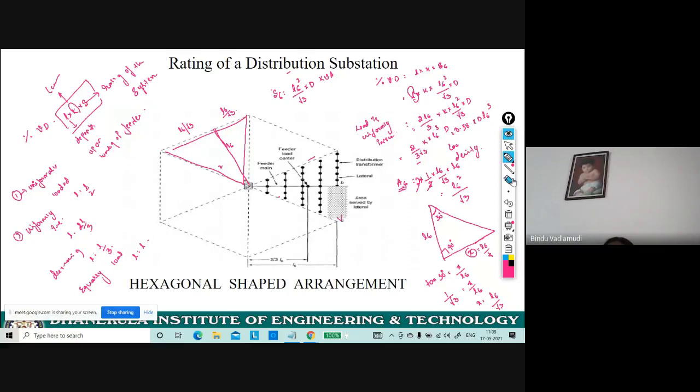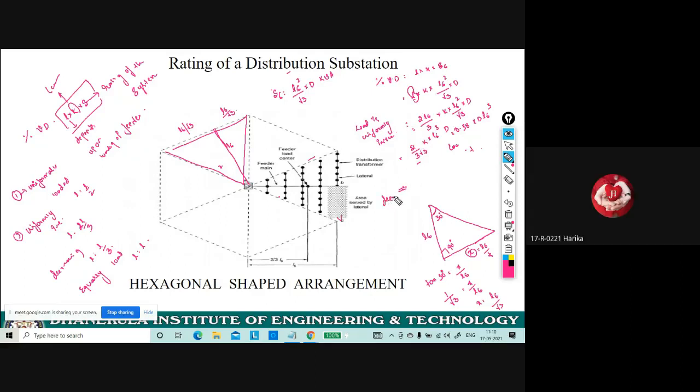Okay, suppose the load is uniformly decreasing. Then which value will we substitute for L? L is equal to L6 by 3.